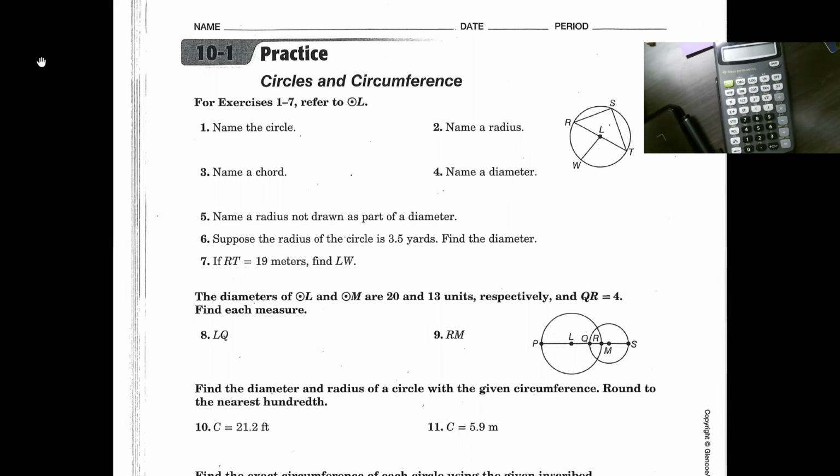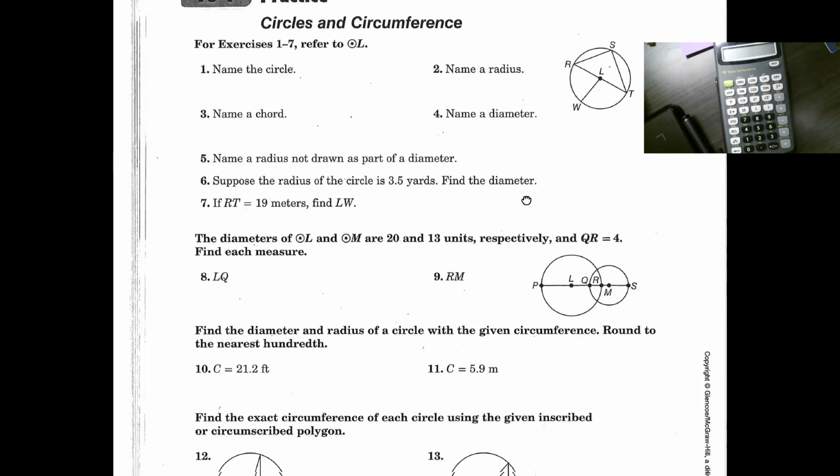So naming the circle, naming the radius, naming the chord, naming the diameter. That part you should be fine with. On 5, name a radius not drawn as part of the diameter. So again, it's just naming a figure, making sure it's not part of the diameter. That, again, you should try on your own. There are a couple that I did want to look at. So I wanted to look at 8 and 9 with you on this page.